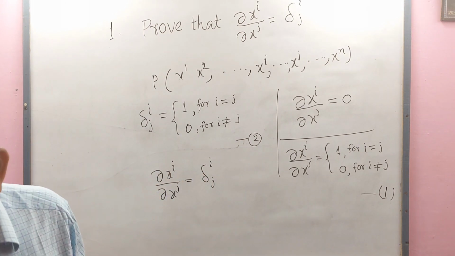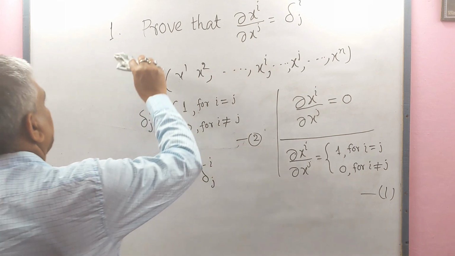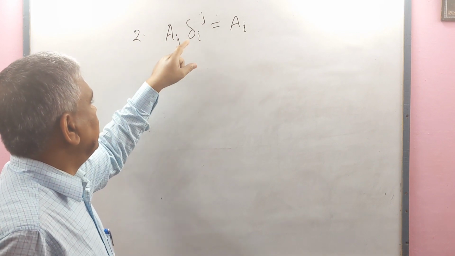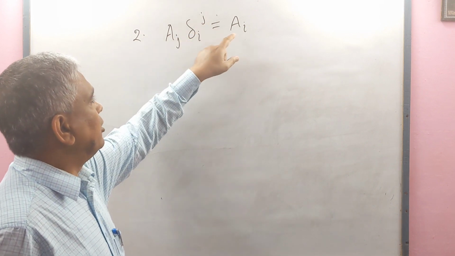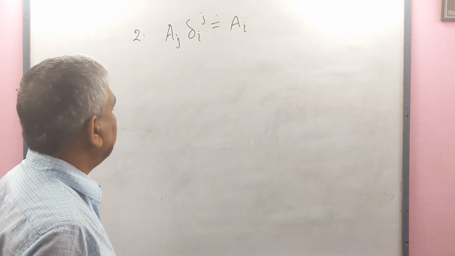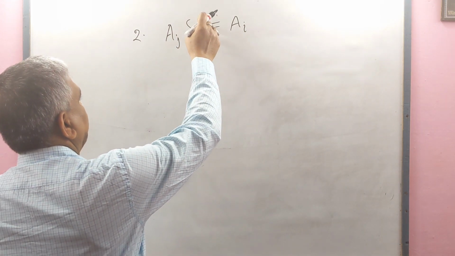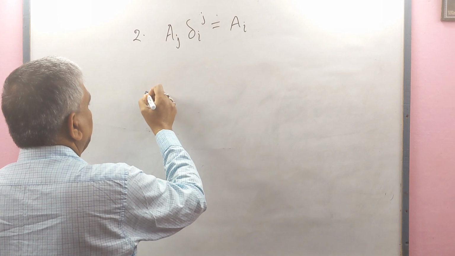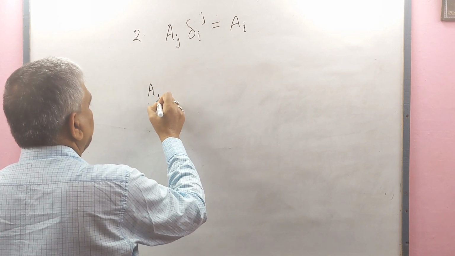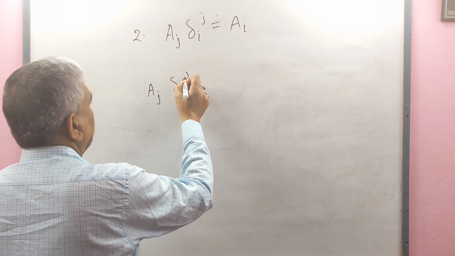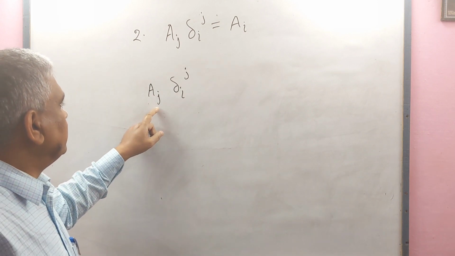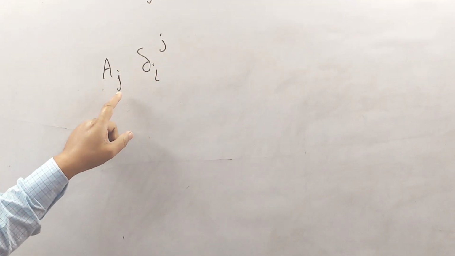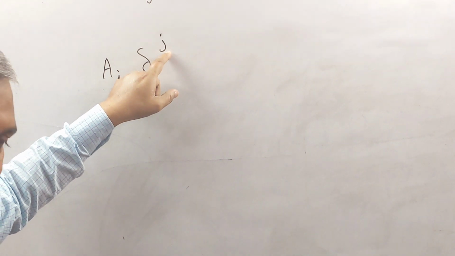Our next concept and problem is aj delta ij equals ai. Here delta ij is the Kronecker delta. On the left side, j is a repeated suffix. We know that a repeated suffix is a dummy suffix.